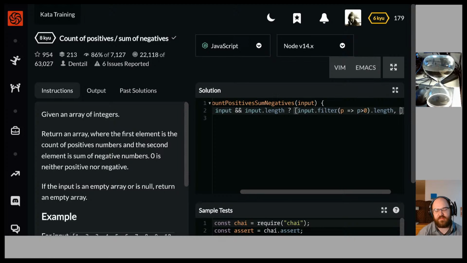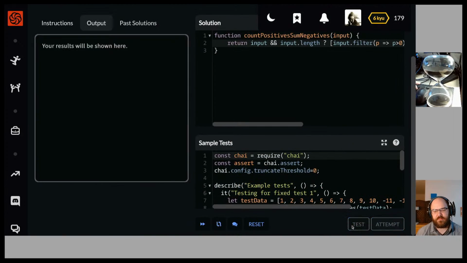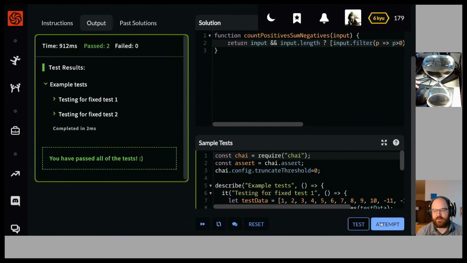That's the number of positive ones. Then input.filter on p arrow p less than 0 dot reduce a comma b arrow a plus b with starting value 0, and close the array. I think that's it. I think I've got it. Yeah, it works.